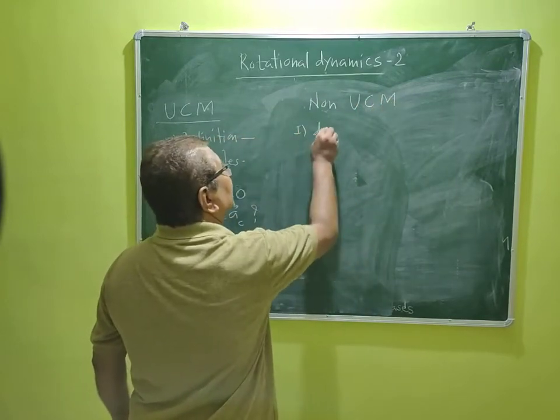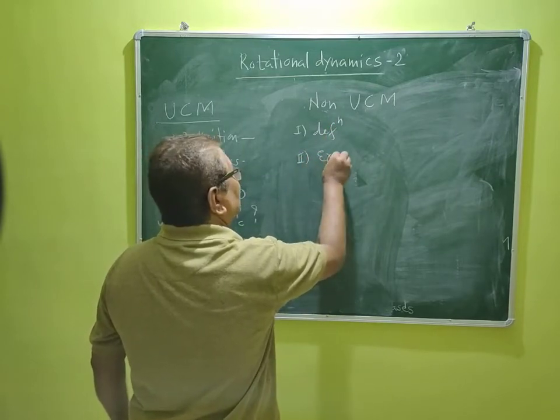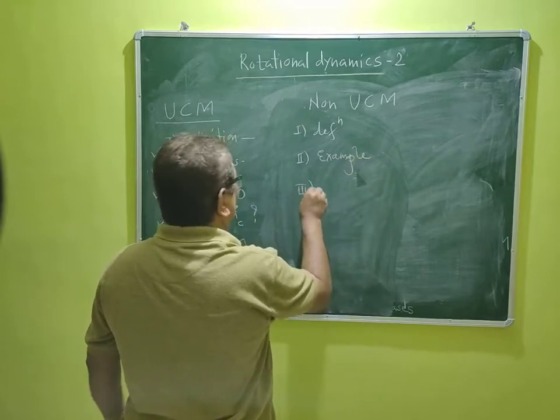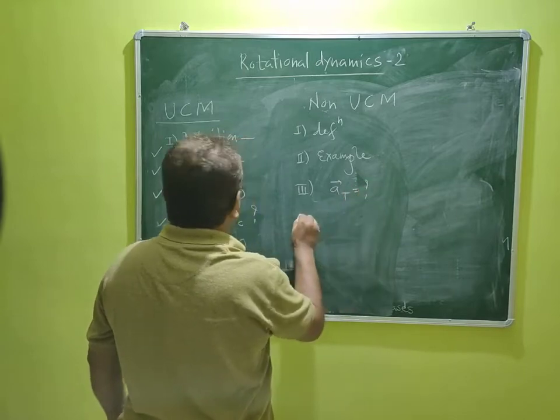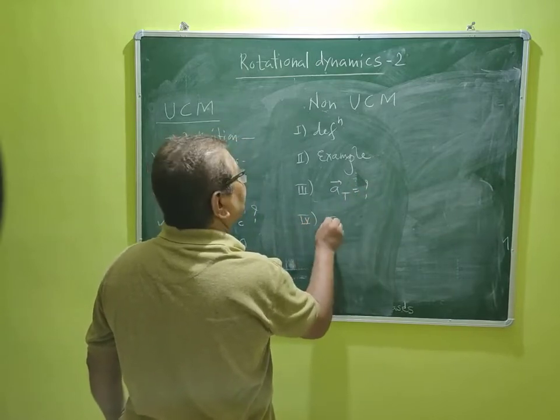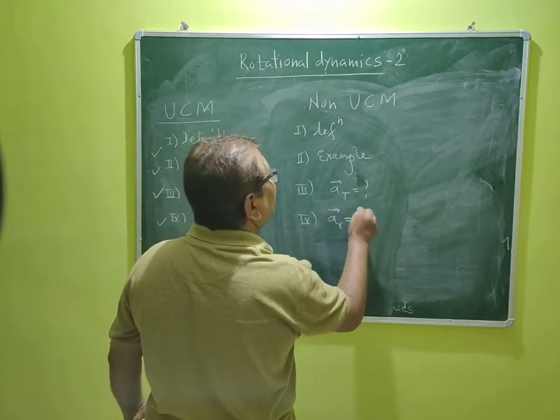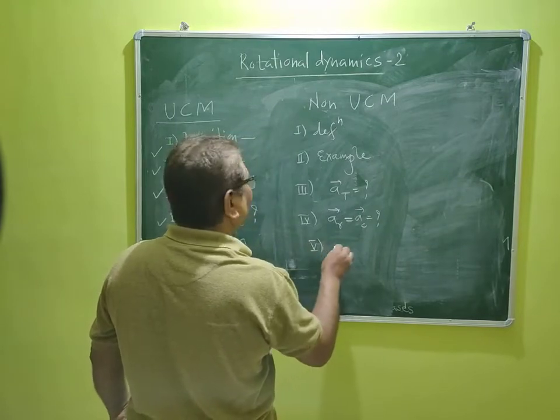Again we have to see the definition, then some examples regarding non-uniform circular motion, then what is tangential acceleration here, then what is radial or centripetal acceleration here, and then what is alpha here.